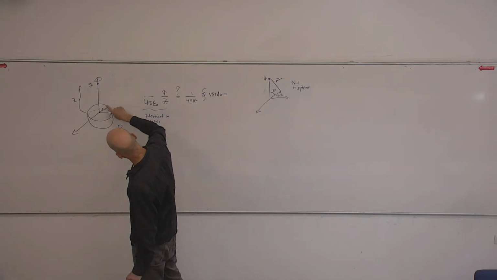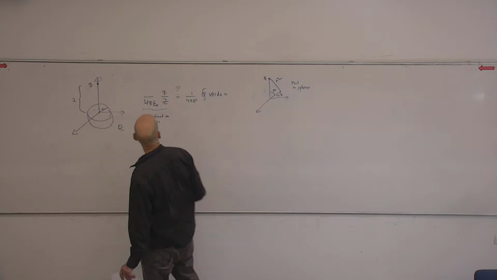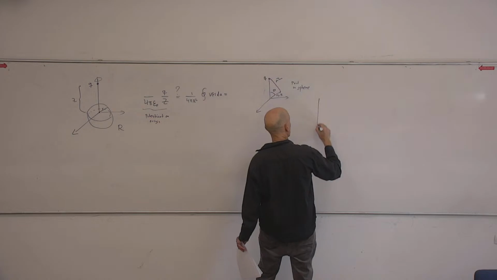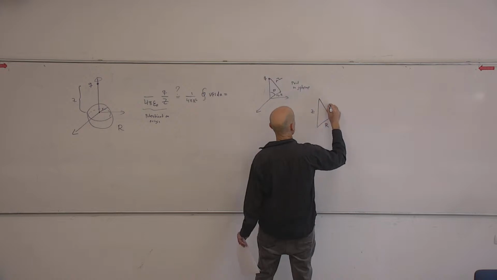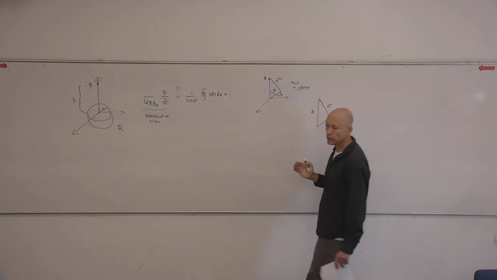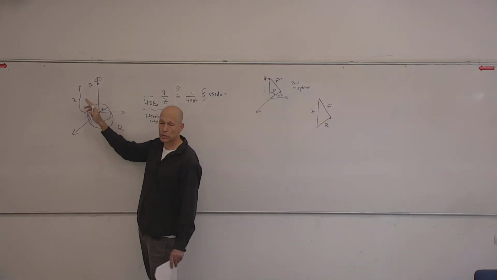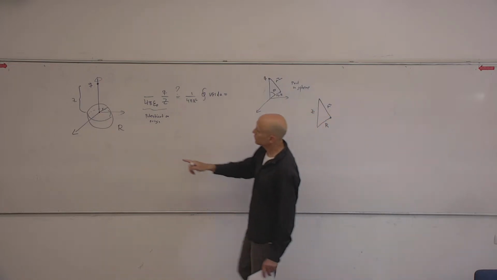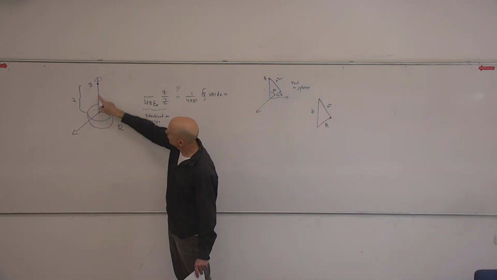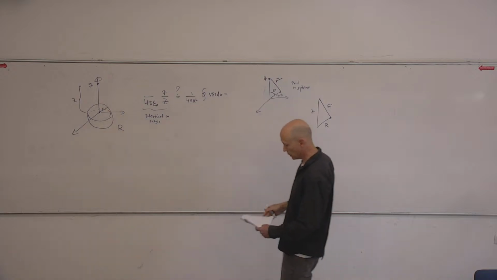So think about it like this. I have one distance here, which is capital R, and this is Z. So I have here this triangle: Z, capital R, and this is R tilde. And what we are integrating over, when we're integrating over the sphere, is we are changing this R tilde when we move along the sphere, because of course R tilde here is going to be this distance minus that distance, but down here it will be something very different.